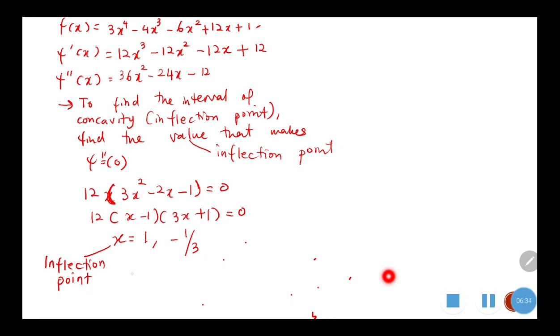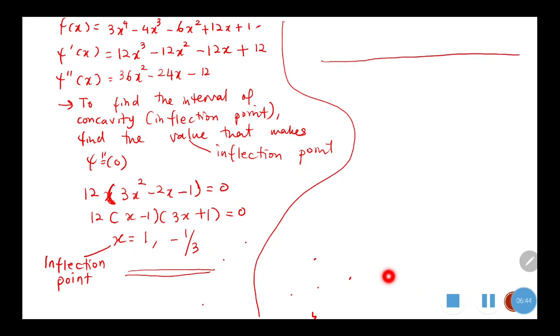Now that we have found the inflection point, we have to do the line test. It's similar to the critical function before. We take x minus 1 and 3x plus 1, and the inflection points are, putting the lesser value first, minus 1 over 3 and 1.